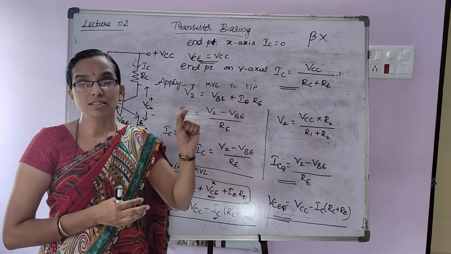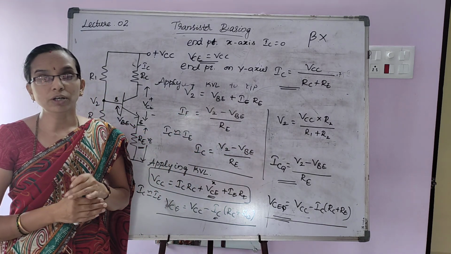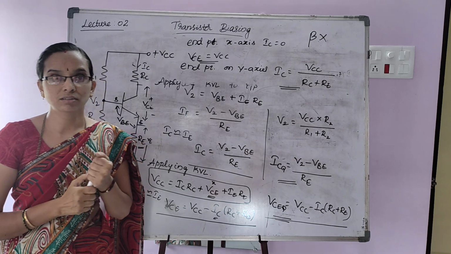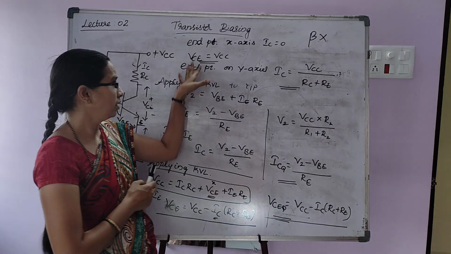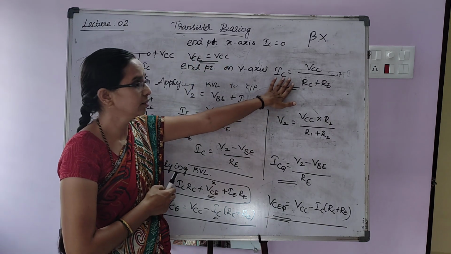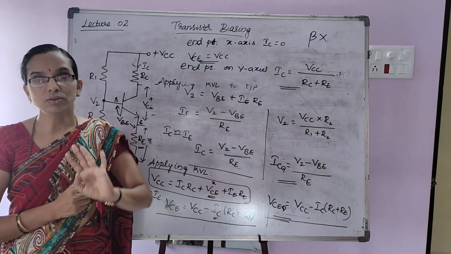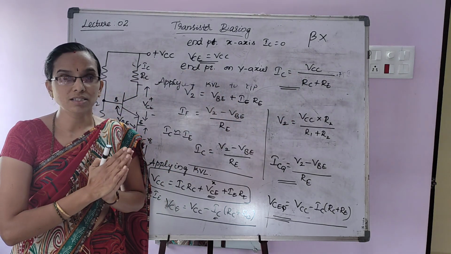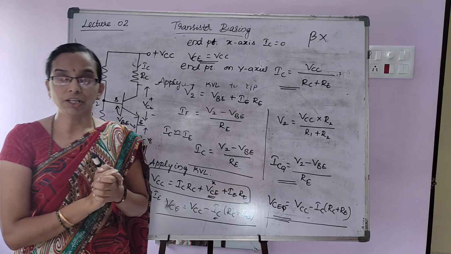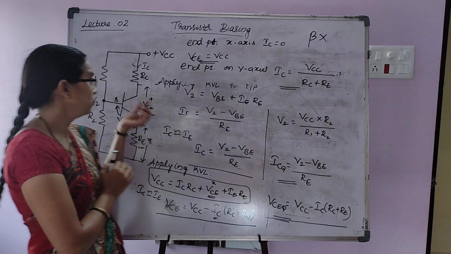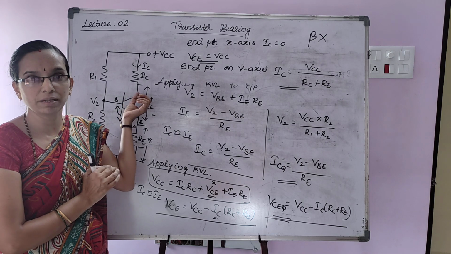The transistor's operating point will be chosen at the center of the DC load line, decided by the values of VCC and IC. So the transistor can be biased in a very well stabilized mode using voltage divider biasing.